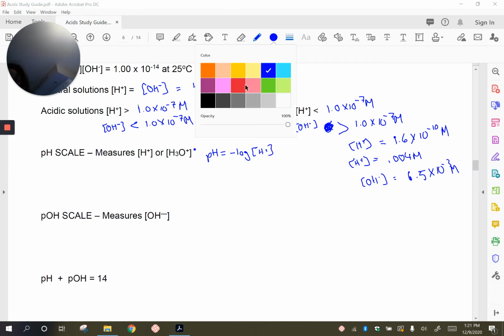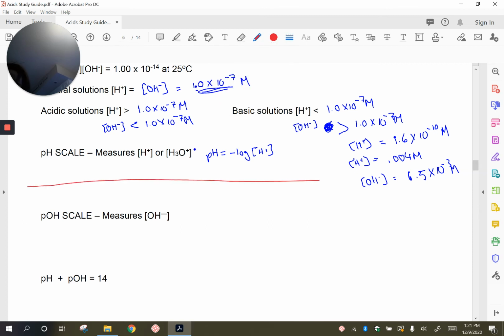So in that scale, I'm going to go ahead and use a different color here. 7 is neutral. That's because in a neutral solution, the H plus concentration is 1.0 times 10 to the negative 7th. If I take negative log of this number, that's going to be equal to 7. If I have a high H plus concentration, like let's say 0.1 molar, well, this is the same thing as 1 times 10 to the negative 1, right?